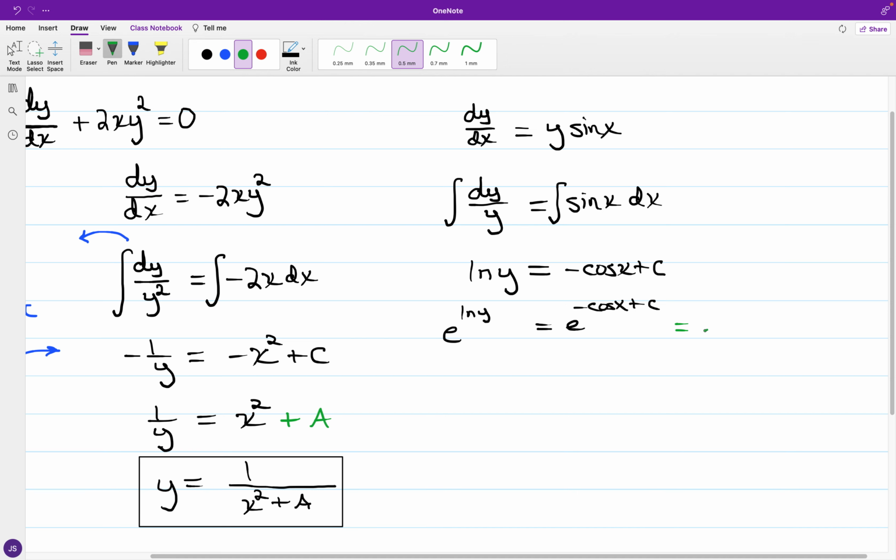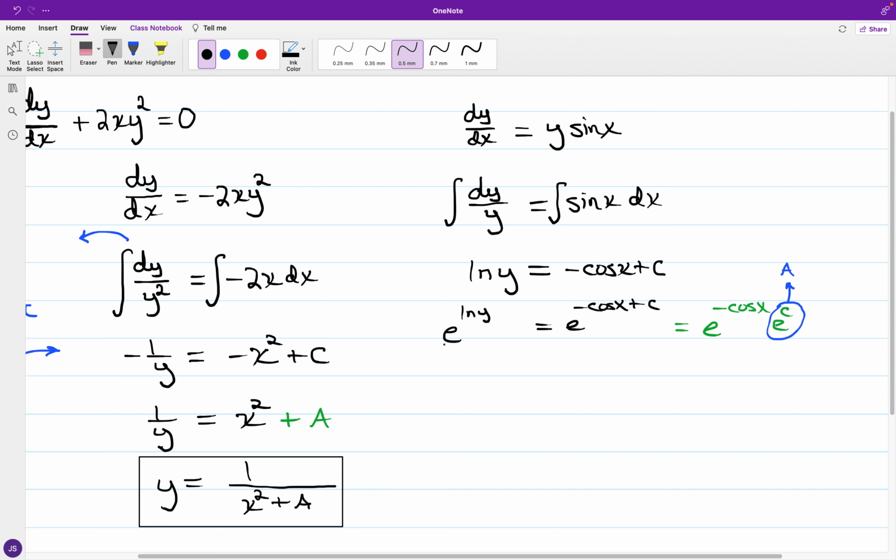So we have e to the negative cosine of x times e to the c, and in the case of e to the c, we can write this as a constant raised to a constant resulting as a constant.